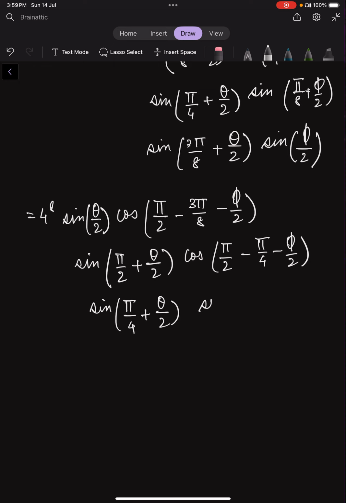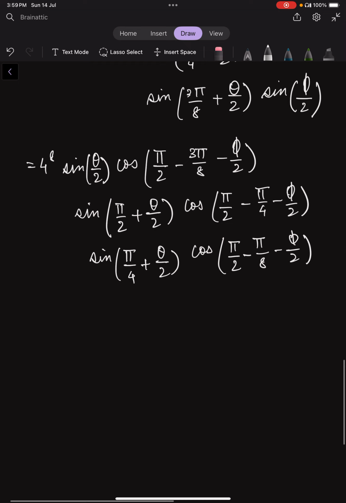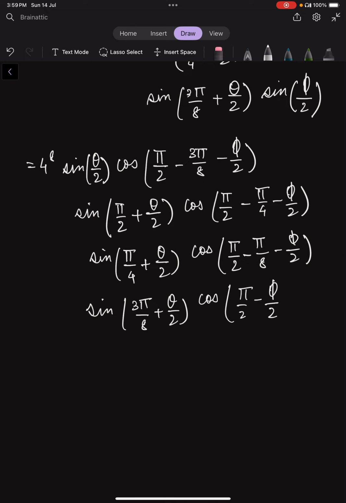Now, this phi term is there, which I'll make cos of pi by 2 minus pi by 8 minus pi by 2. Then eventually I have sine 3 pi by 8 plus theta by 2, sine. Again, there's a phi term, I'll convert it to cos. So I have cos of pi by 2 minus pi by 2.